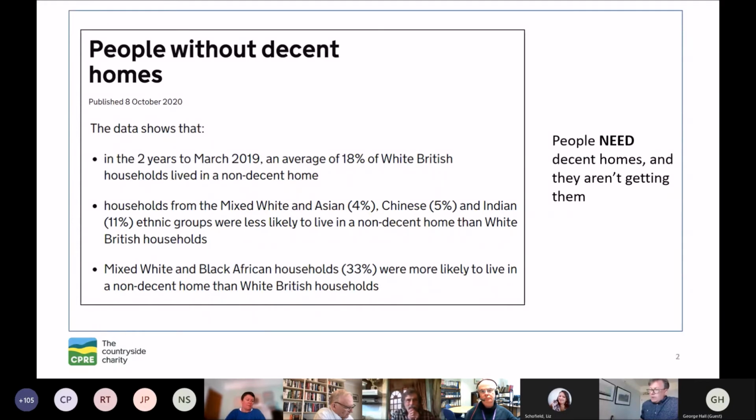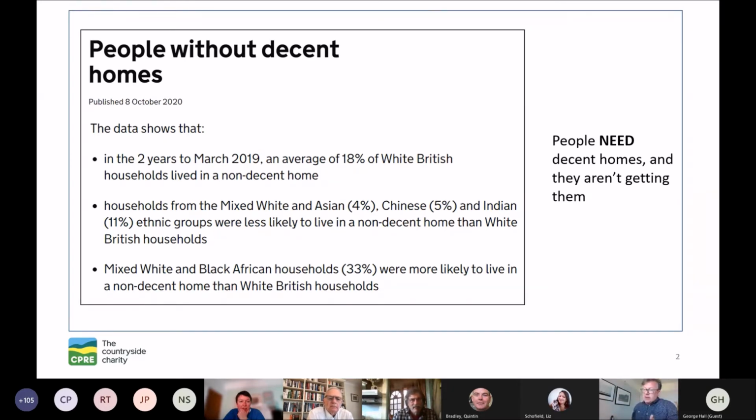What's also messed up is the yawning scale of social inequalities. This shows there are different experiences depending on your social background.